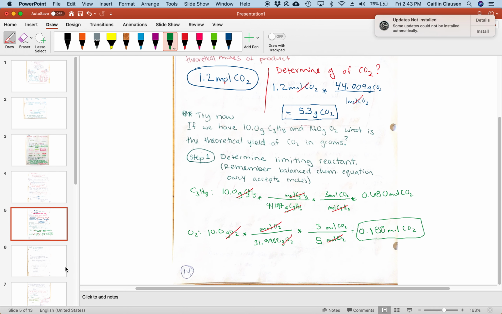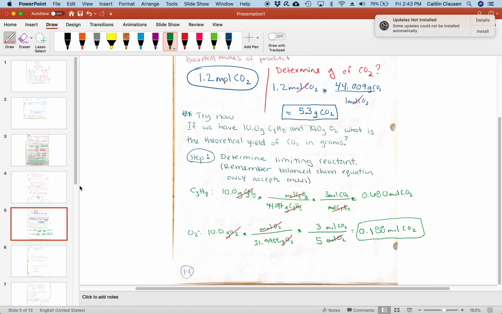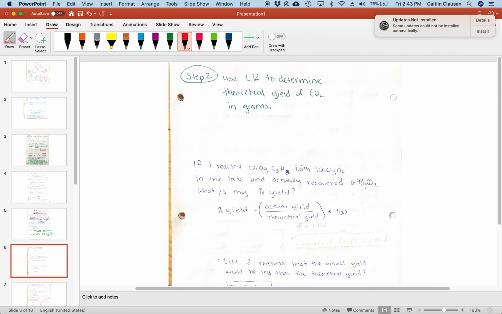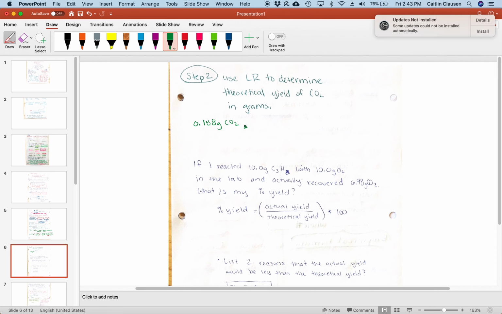The second step we're going to want to do is convert our limiting reactant into grams. 0.188 moles of CO2. Step 2, convert it to grams. What relates moles to grams?